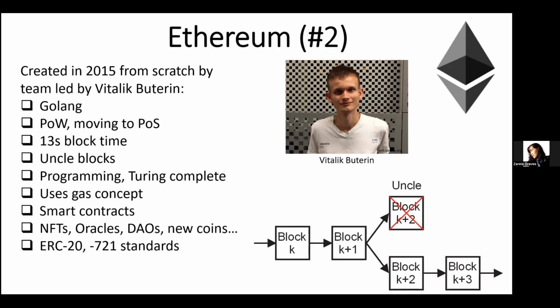Evie and I have been talking about having a talk on NFTs in June. But NFTs are one of the things enabled by this ability to run code on the blockchain.